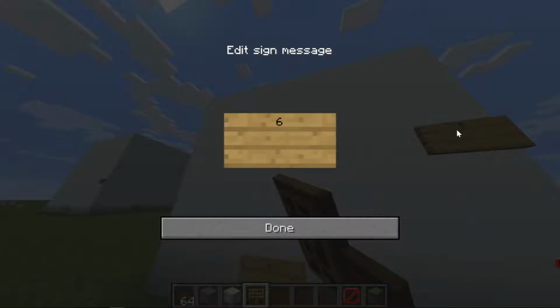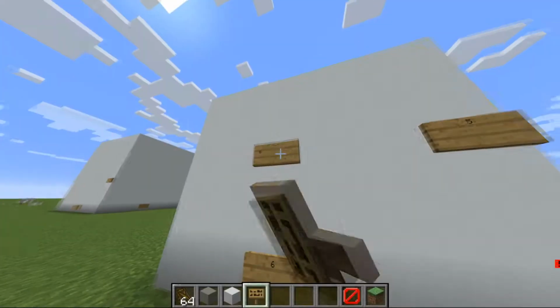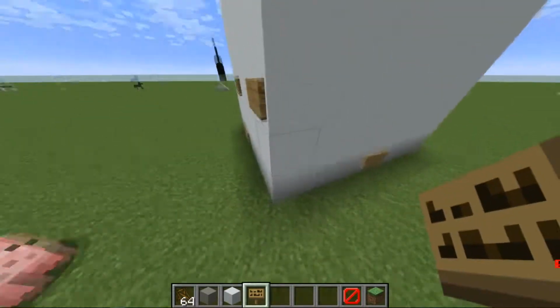Which gets us 210. Because 6 times 5 is 30. And 30 times 7 is 210. So, there we go. That's how you solve for a rectangular prism.